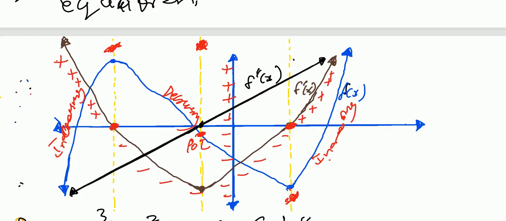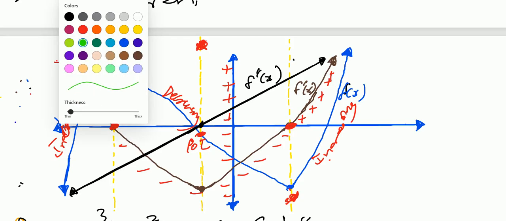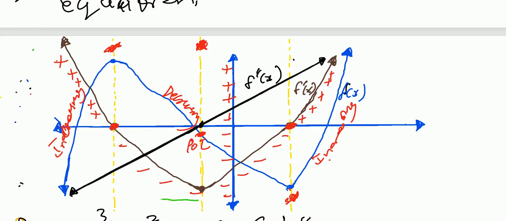Now let's not talk about the concavity. But we can see, let me just say it. We can see that when your f of x, remember, for concavity is the point of inflection. Your graph changes its concavity on the point of inflection. So we can see that from your point of inflection here, from here going to the left, your graph is concave down.